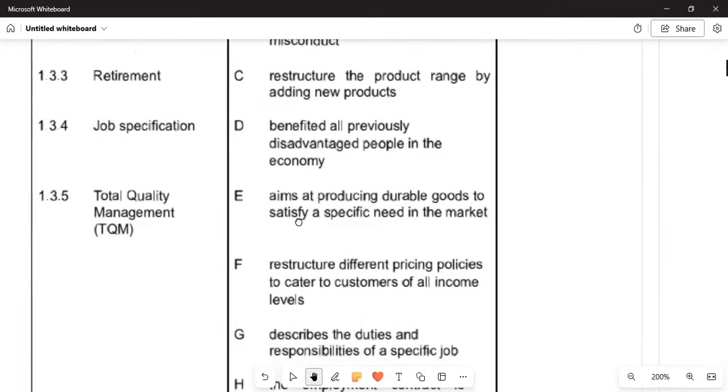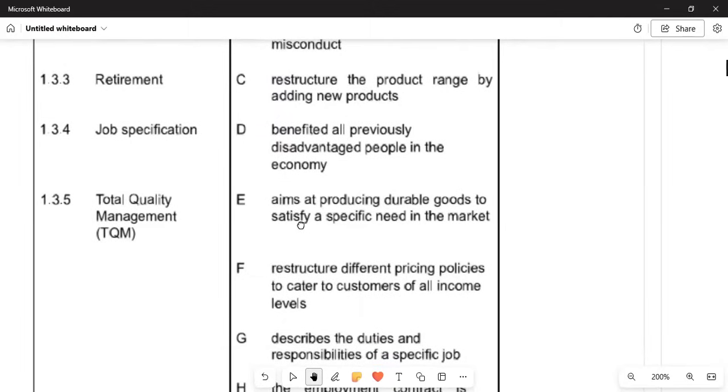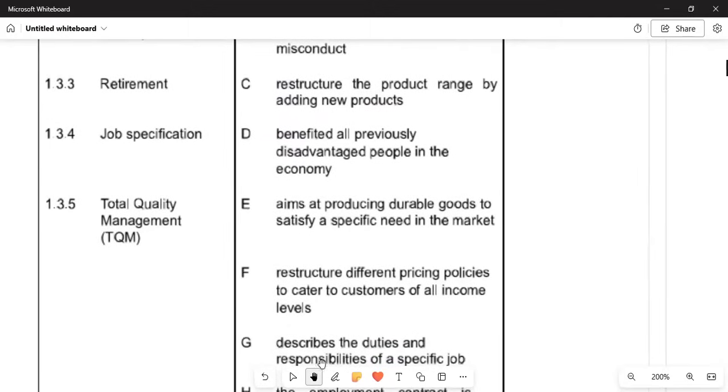We can see that the correct answer will be F, where it says restructure different pricing policies to cater to customers of all income levels.